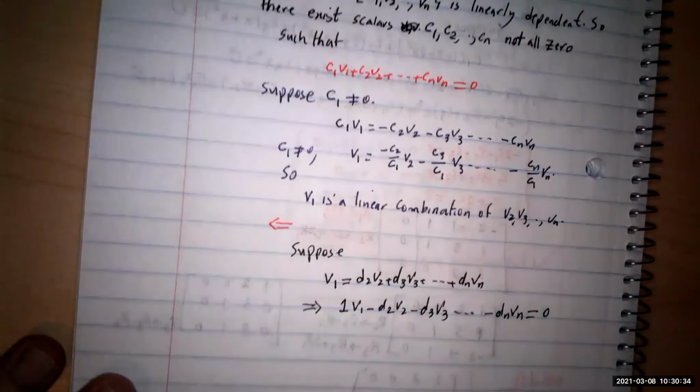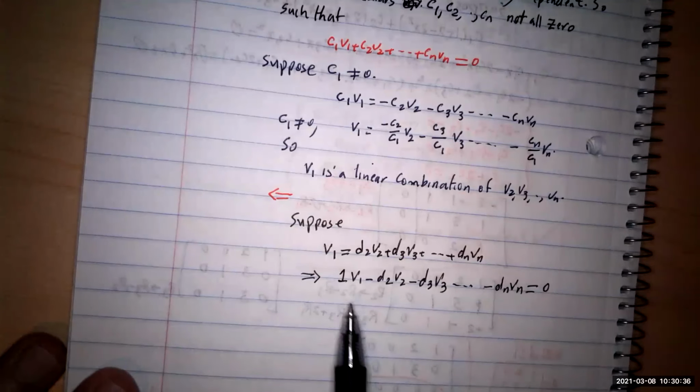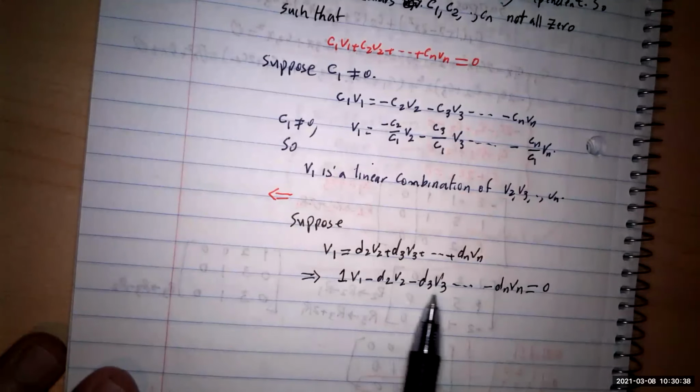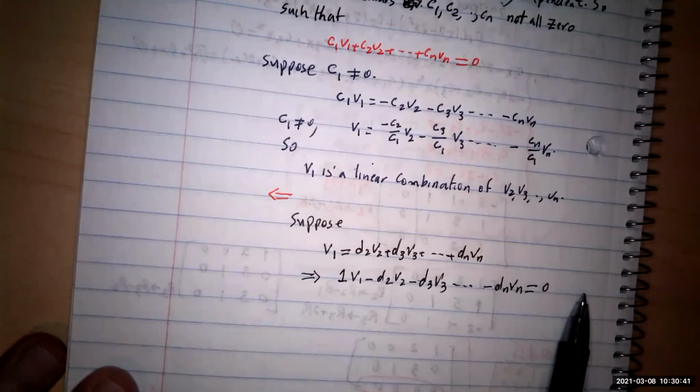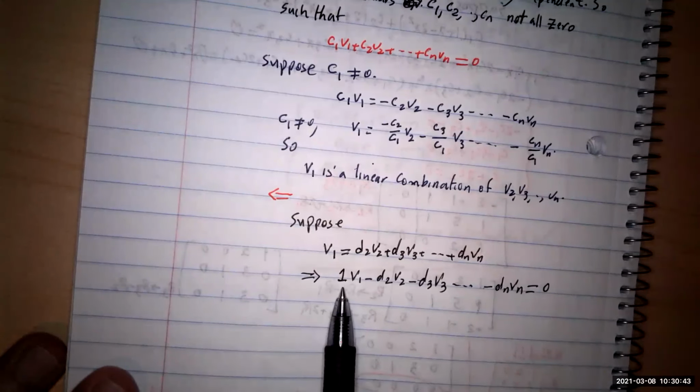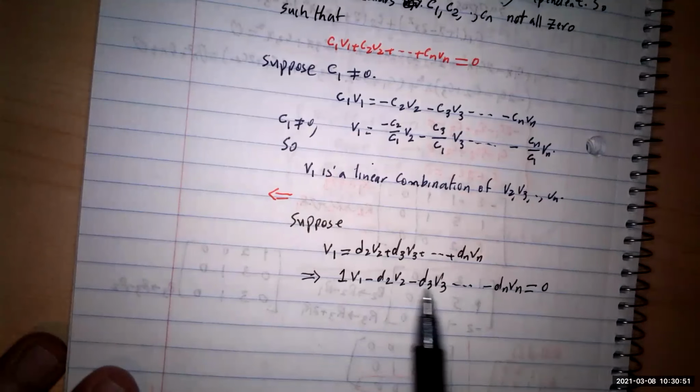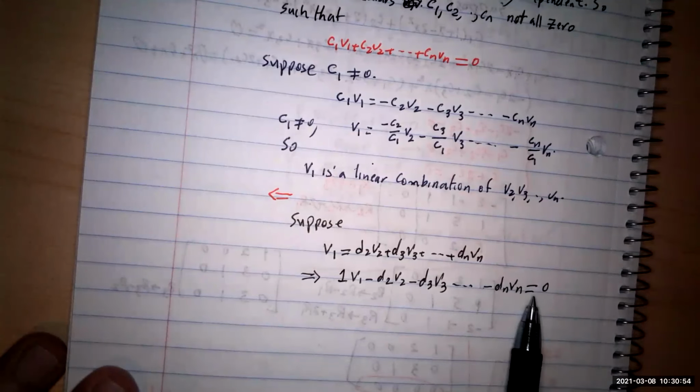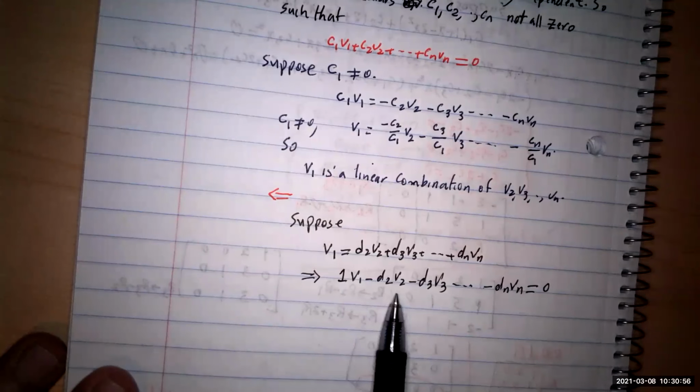There you are. You see, you have V1, V2 to Vn, and one of the scalars, the 1, is not equal to 0. If you have this linear combination in which not all the coefficients are 0, in that case the vectors are linearly dependent.